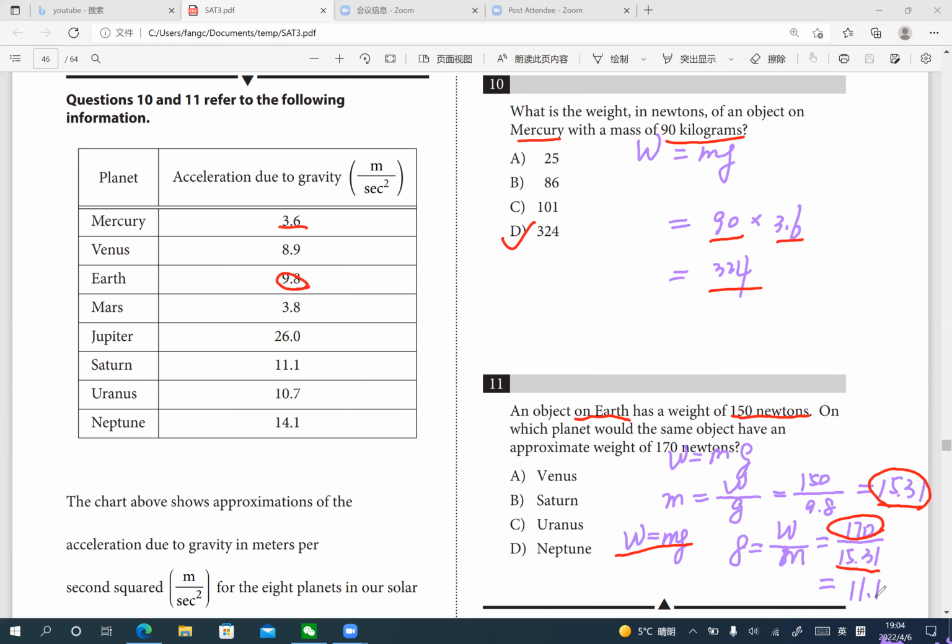And after the calculation, we get g equals 11.1. And after we check the table given by the question, 11.1 is Saturn. So we should choose option B.